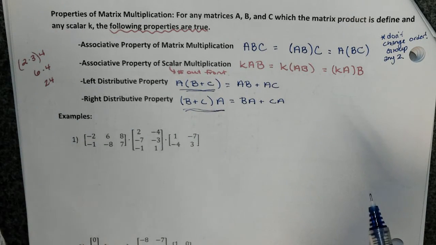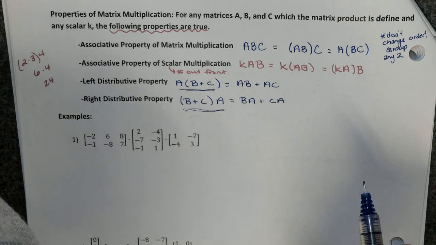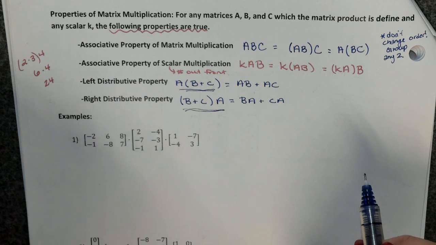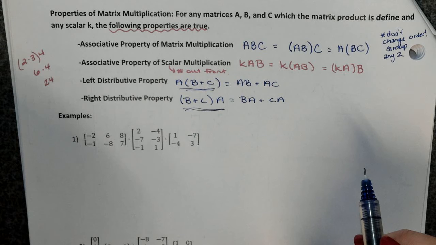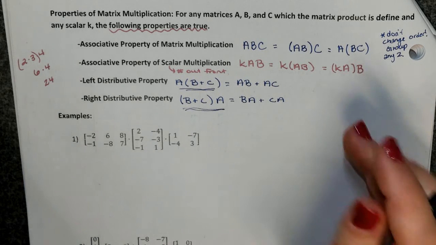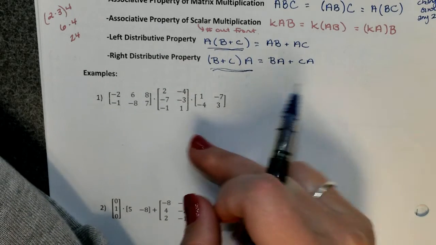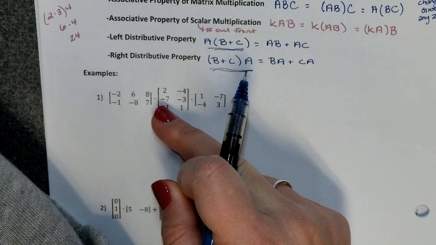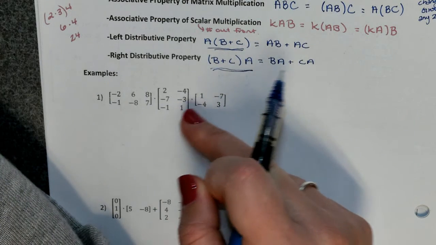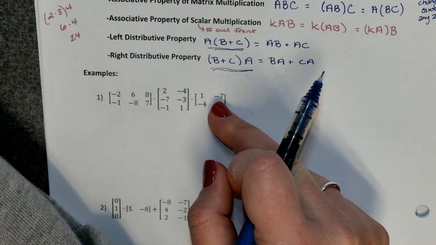Okay. So we'll actually do a couple problems here. The first one is multiplying all three together. Now there's no parentheses here, but we can form them. So do you want to multiply the first two together first, or the last two? First two?